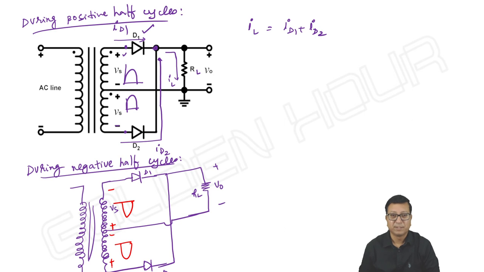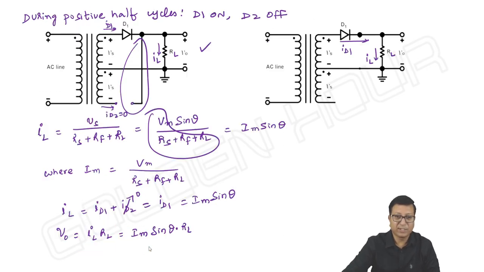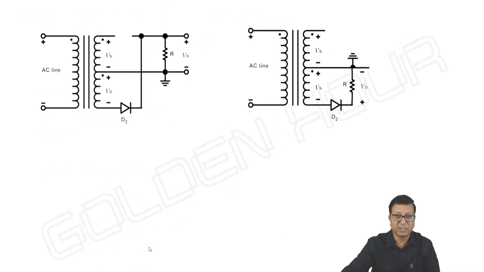Okay. Then what happens to diode D1? Its anode is connected to the negative terminal, so D1 is off, and D2, its anode is connected to the positive terminal of the source, so D2 is on. D1 is off and D2 is on. That's it. That's what I have shown here.